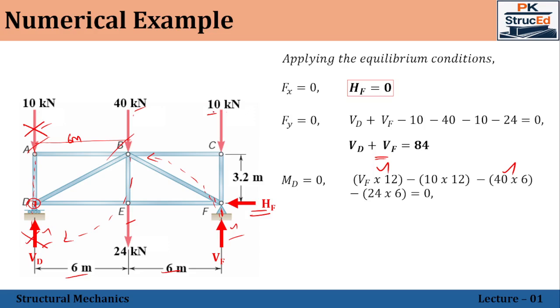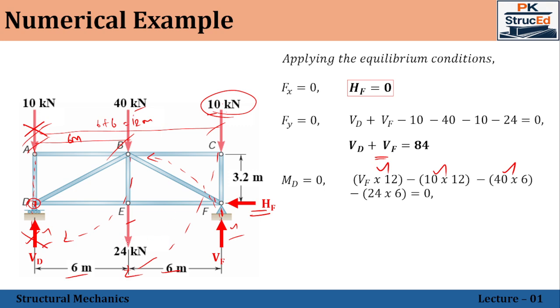Next, the 10 kilonewton force is also acting on the right side of the point D and tends to rotate in the clockwise direction about the point D. Let it again be negative. So the value will be 10 into the horizontal distance from point C to point D, that is 6 plus 6, which is equal to 12 meters. So it will be minus 10 into 12, as given here.